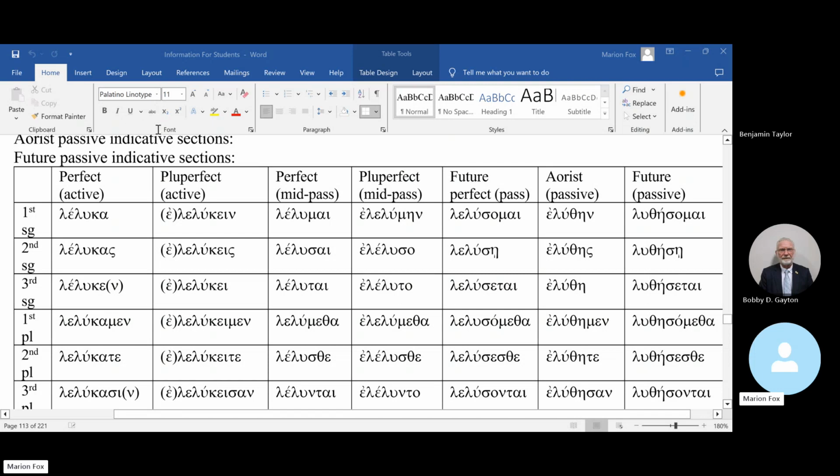So we have a root, alpha, kappa, omicron, upsilon. We're still looking at the information for the student screen. All right, I'm sorry. Let me get out of that. Apologize.